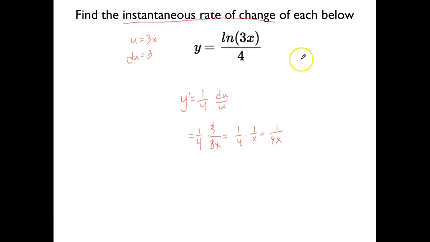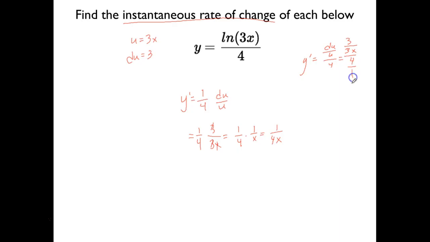There's another way of thinking about this one. If that one's good with you, stick with it. You can also think about this as, if we take the derivative, it's du over u, and you still have it all over 4. du is 3, over 3x, over 4.